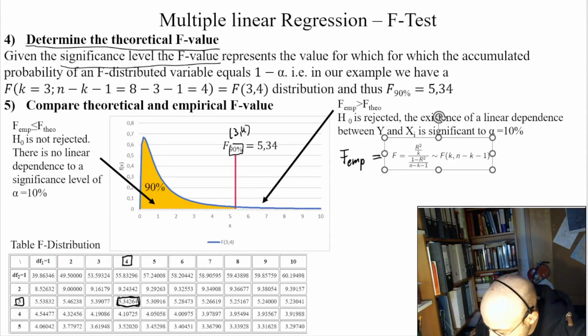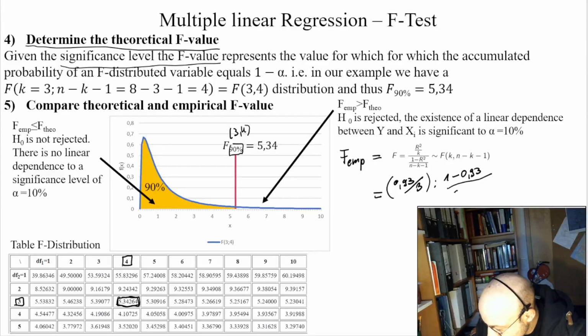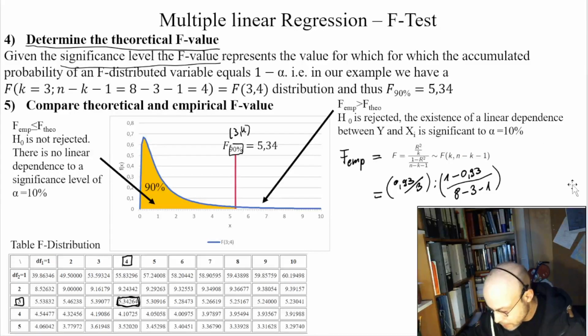So we have 0.93 over, what did we have in our example? K equals 3, and this divided by 1 minus 0.93 divided by 8 minus 3 minus 1. So let's do this.